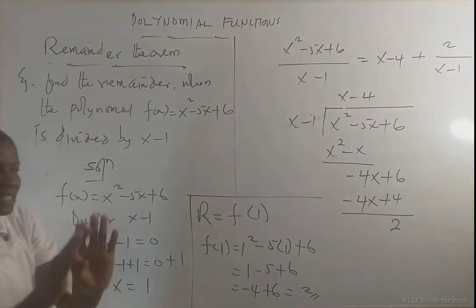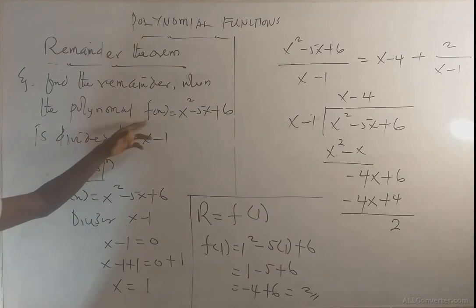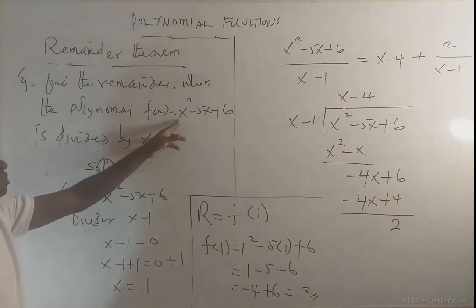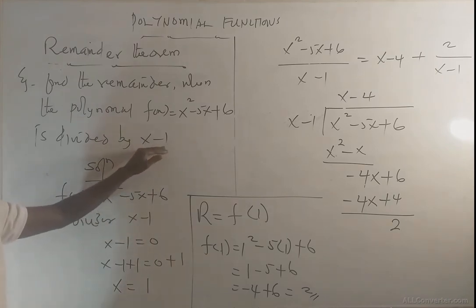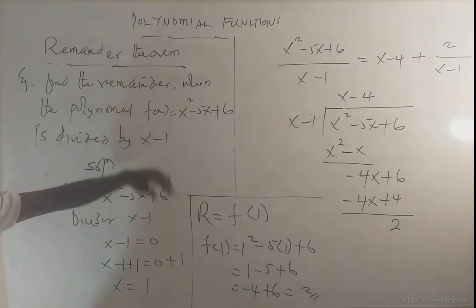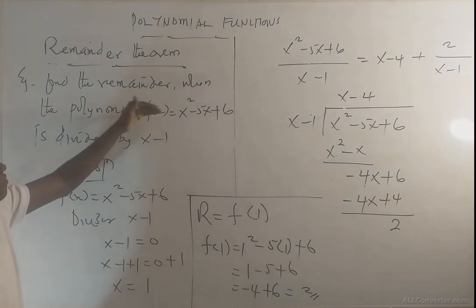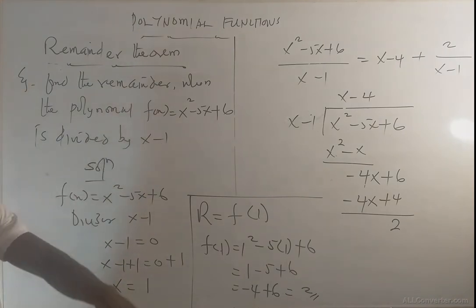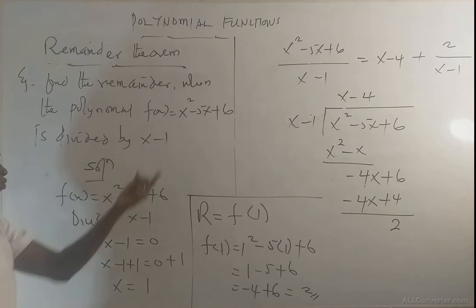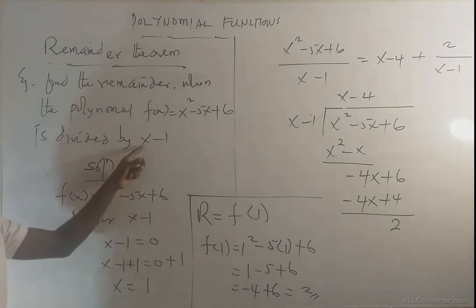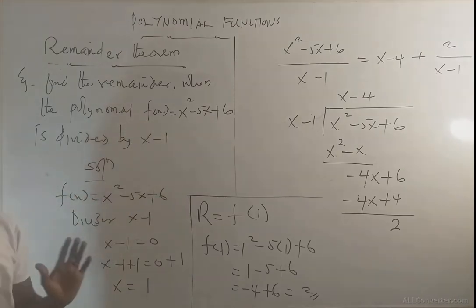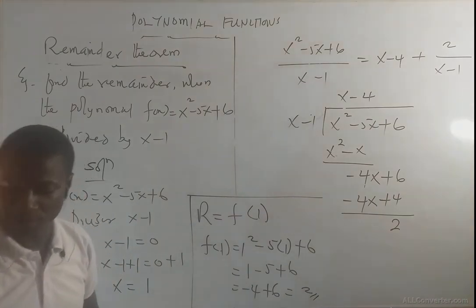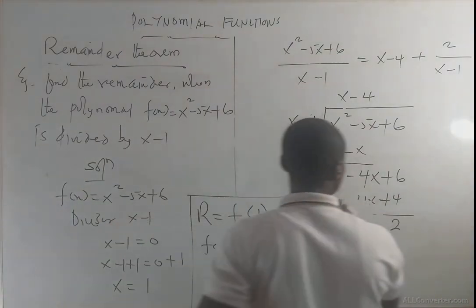So in general, when you are asked to find the remainder when a polynomial function is divided by an expression, what you have to do is equate the divisor to 0, as we did here, and make x the subject. Whatever you get for x, you take it back into the function. The answer will be your remainder. So when we talk about remainder theorem, that is what we are actually talking about.